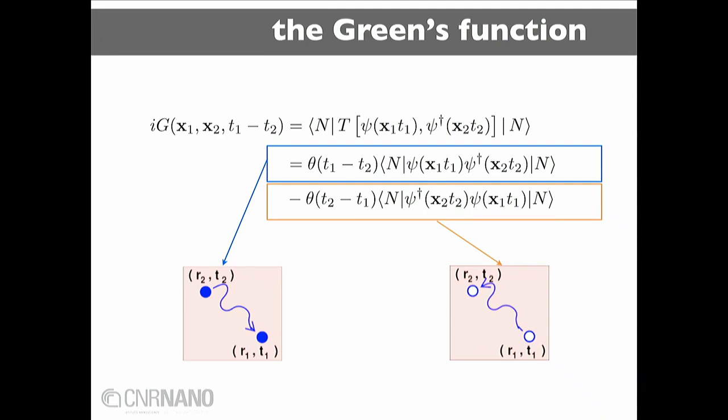So the very reason by which we need time ordering is exactly to be able to cast the final expressions for the Green's function and the self-energy in the form of Feynman diagrams. If we were using the other related quantities like the retarded or the advanced Green's function, that simply wouldn't be possible. Those are typically said to be more physical, like the physical response functions typically are the retarded ones, but they do not lead immediately to Feynman diagrams. So this is just to clarify why this extra complication here.